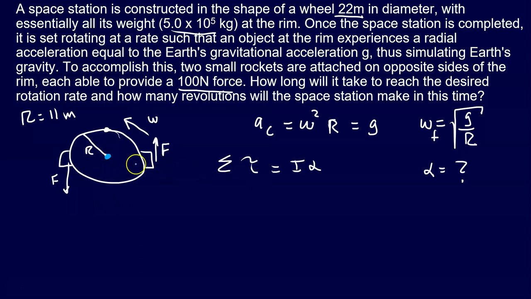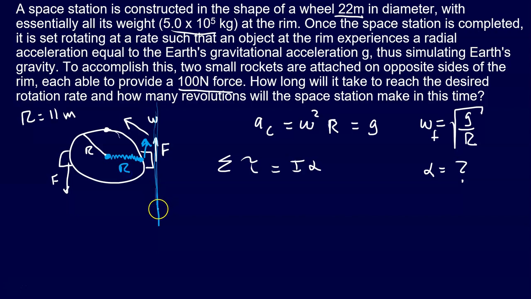We look here at our 2 forces, and I'll do the same sort of thing I've always done. I'll draw this line of action through the force, and hopefully you see this is one of those cases where the shortest distance between that point and where the force acts, right on the rim, is the radius.